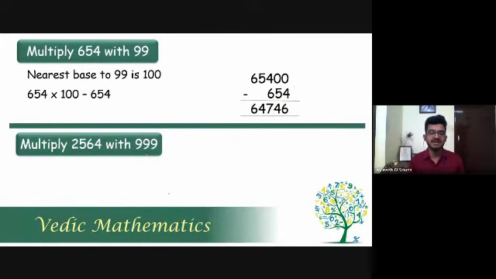So you multiply the given number by 1000, and 1000 has 3 zeros, so you just include 3 zeros at the end of the multiplicand. In that case, you get 2564000, and then you subtract the multiplicand itself, 2564. You can do the subtraction easily, and when you subtract, you get 2561436 as the answer.